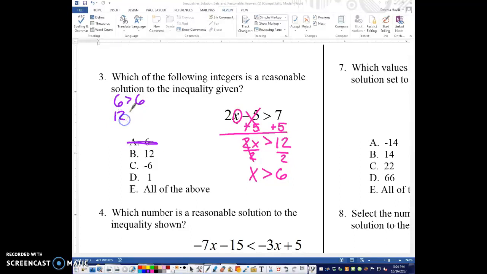Is 12 greater than 6? Yes. Is negative 6 greater than 6? No. Is 1 greater than 6? No. And it's not all of the above. Okay?